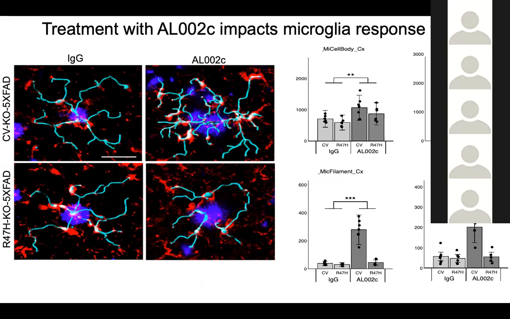So we measured the cell body size and the total length of processes, with which the microglia monitor their surroundings. We found that in AL002C, interestingly, the two parameters were significantly increased in the cortex and the hippocampus of AL002C-treated mice compared to the control group, suggesting increased surveillance activity.